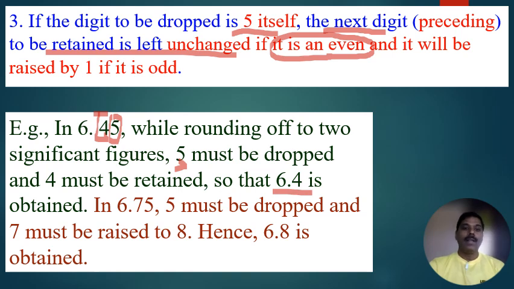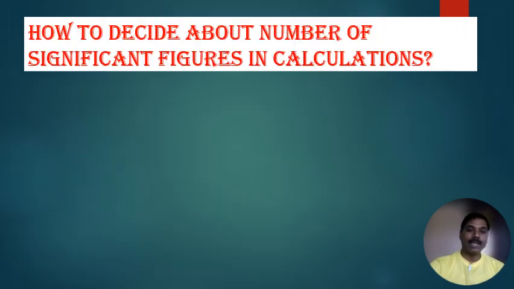However, if the preceding digit is an odd number, like 7 in this example 6.75, if you want to drop 5, since 7 is an odd number, you have to raise it by 1, so that your answer will be 6.8.